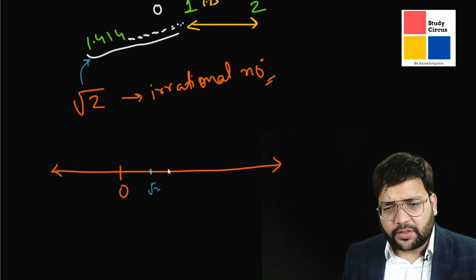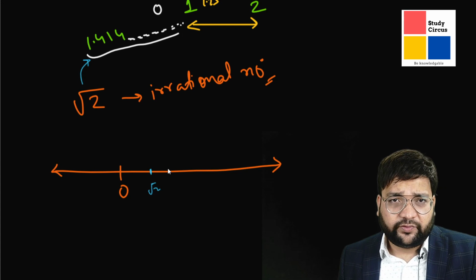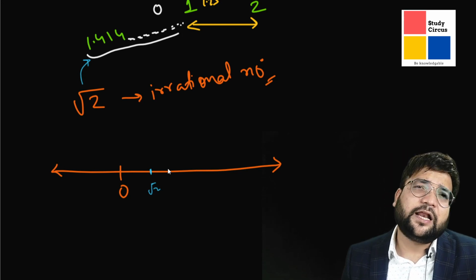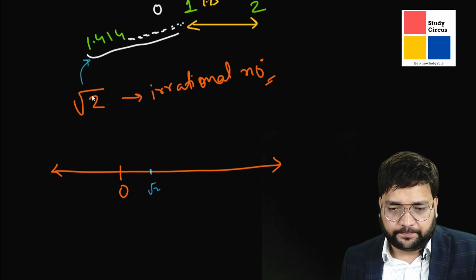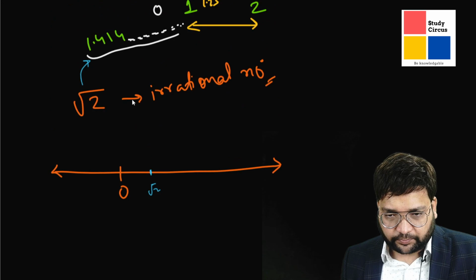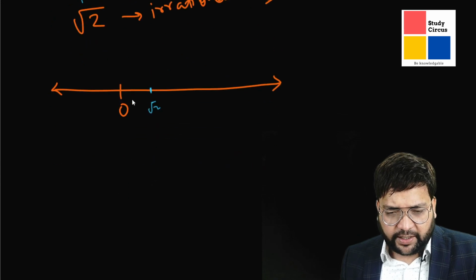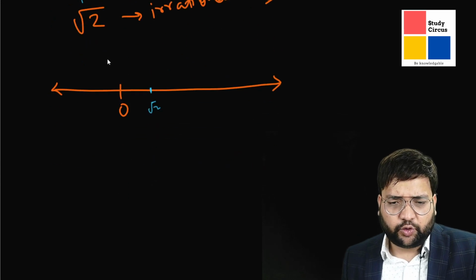So the method we'll be using here will be taking the help of geometry. How? Like for example, square root 2.